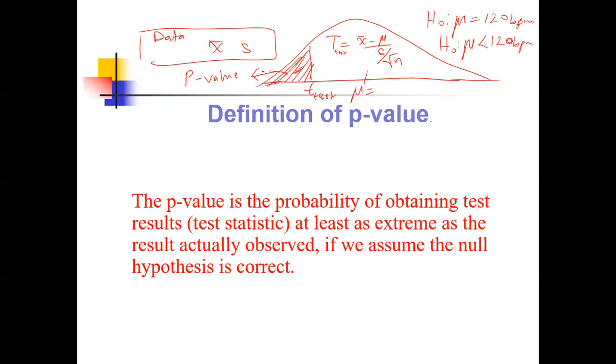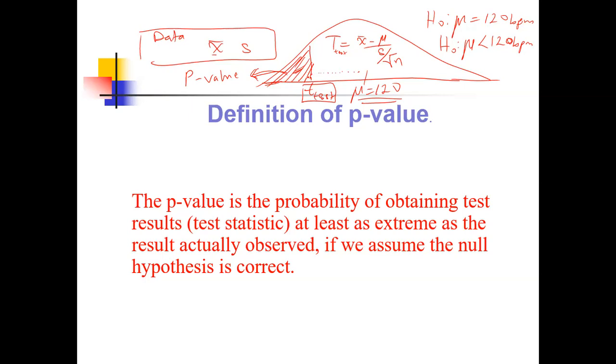So p-value is just the shaded area here, and it's the percentage that is telling us how far, or the chance that we are getting this t test statistic, the probability of getting that. So if this were the true scenario, if 120 beats per minute were the true mean, and we're trying to test the claim that it's not, when we gather our data and compute our test statistic, if truly it's less than that, it could fall anywhere from here, following all these dots, all the way to this point.